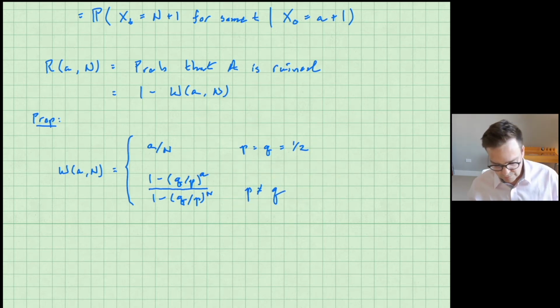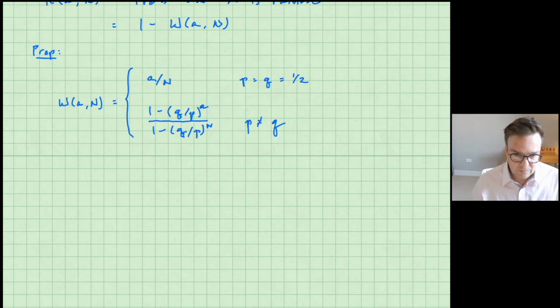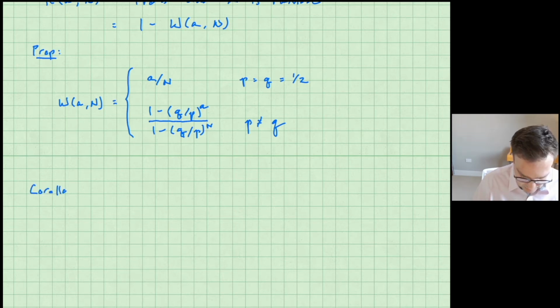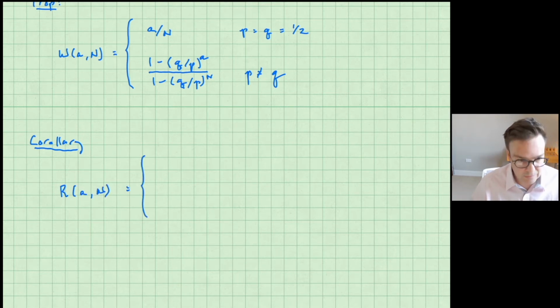We'll do a little proof of it, but before we do that, we'll just write down as a corollary what is the probability of B winning, which is just the complement of this. So as a corollary, R as a function of A and N looks like this. And you can just work it out, of course.